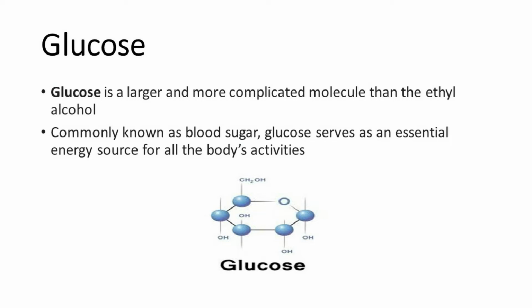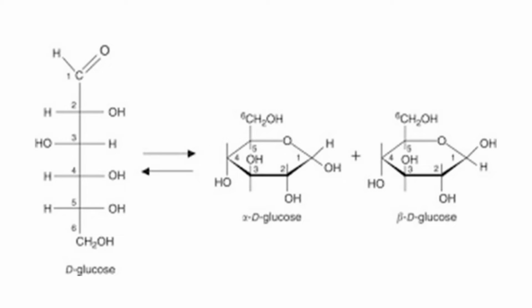Glucose is a larger and more complicated molecule than ethyl alcohol, but it obeys the same rules of chemistry. Each carbon atom has four bonds, each oxygen has two bonds, each hydrogen has one bond. This is the structure of glucose. The structure of glucose has to be drawn flat, but in nature, the five carbons and an oxygen are roughly in a plane.